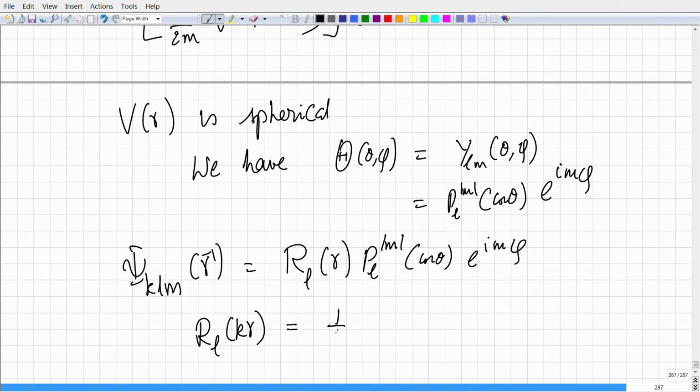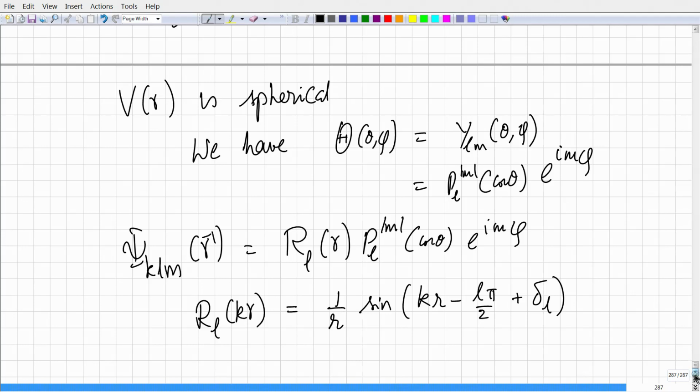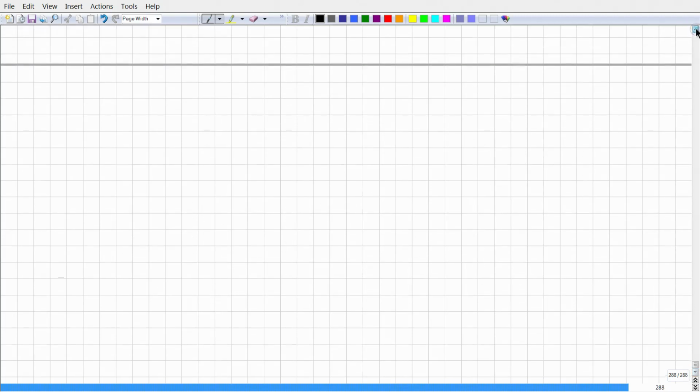That will be 1 by r sine of (kr minus L pi by 2 plus delta L). So, delta L is a phase shift.